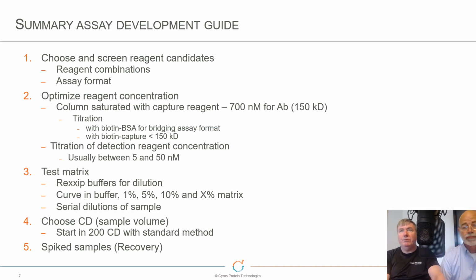A lot of people will start developing using the 200 CD, mainly because there are more wells, so they can screen more conditions, and then they will move towards 1,000 or 4,000, depending on the assay requirements. And then, as you would in any assay, you could do some spiked sample recovery and parallelism studies. Those would be the next thing once you've got your analytical range nailed down.